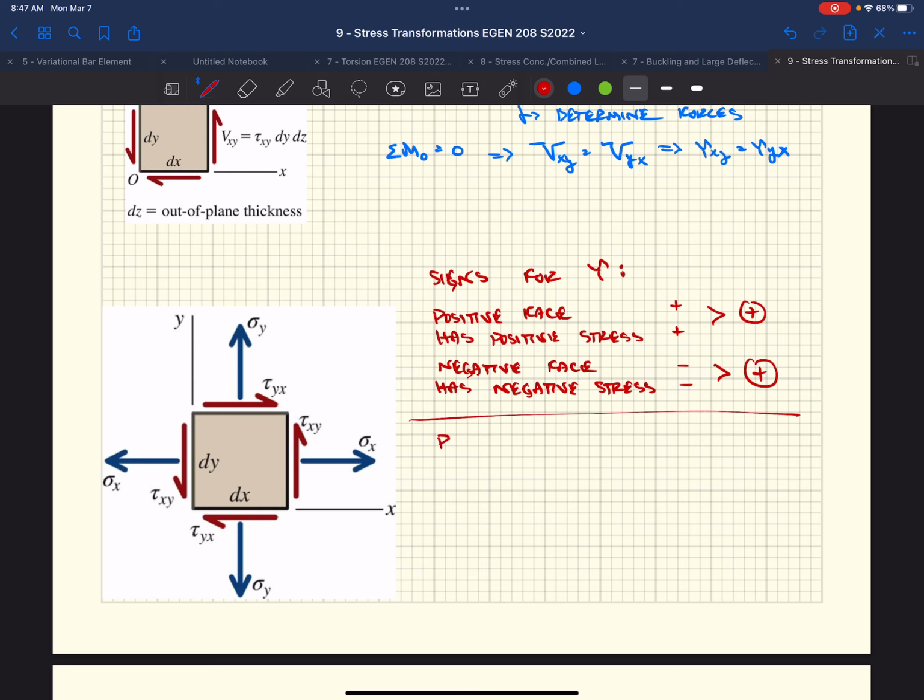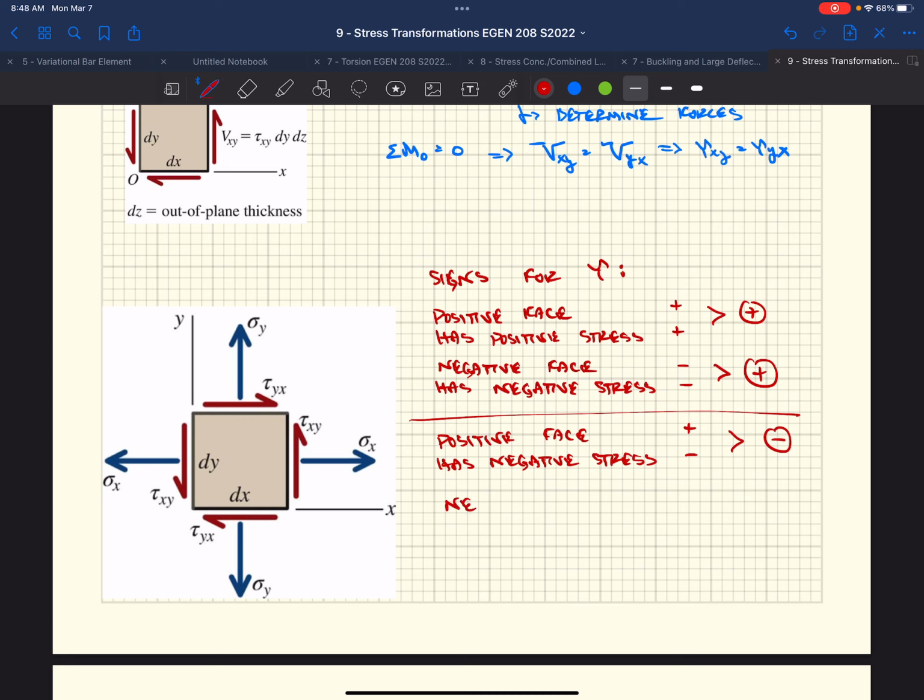So if we run through the rest, positive face has negative stress. So we have positive face, negative stress. This is negative, right?